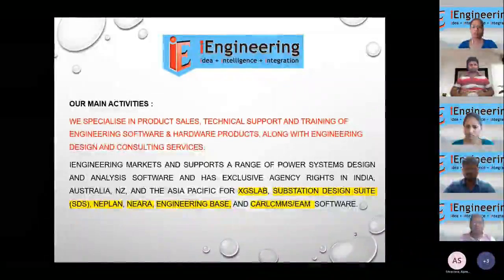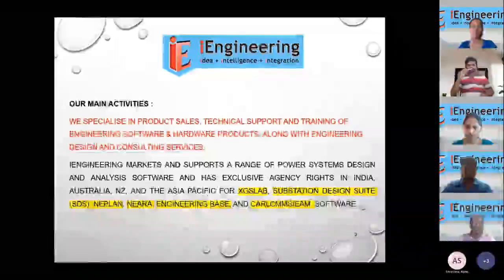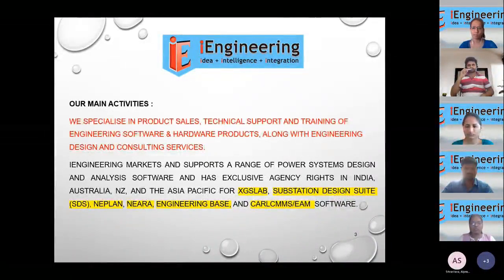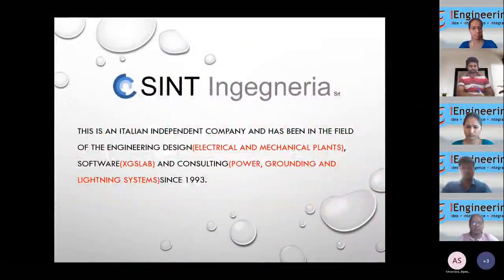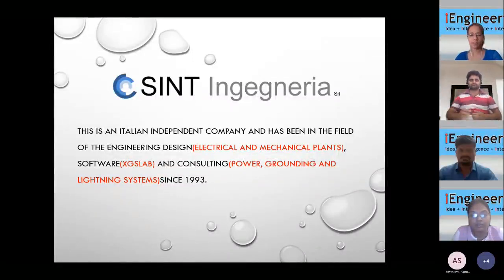This engineering company markets and supports a range of power system design and analysis software and has exclusive agency rights in India, Australia, New Zealand and the Asia Pacific region for Xgslab, Substation Design Suite, NAPLAN Power System Analysis Software, Niara, Powerline Design Pro, then Engineering Base and CAR. And this is Synth Ingegneria, our partner, strongly bonded with us. This is an Italian independent company and has been in the field of engineering design since 1993.